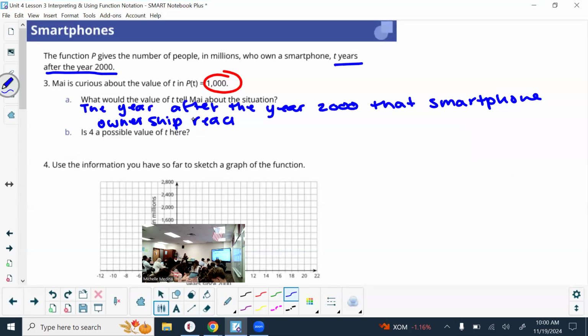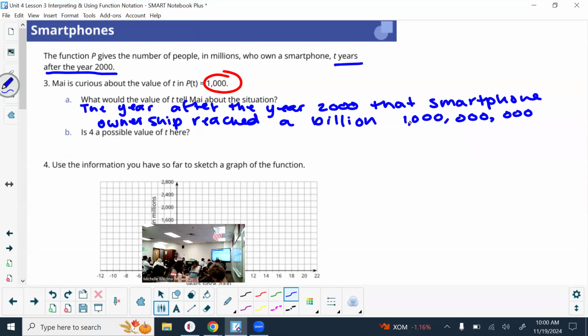You could say a billion if you want. We can put the actual number, which was 9 zeros after the 1. But that is what finding that value would tell us: when exactly smartphone ownership reached a billion.